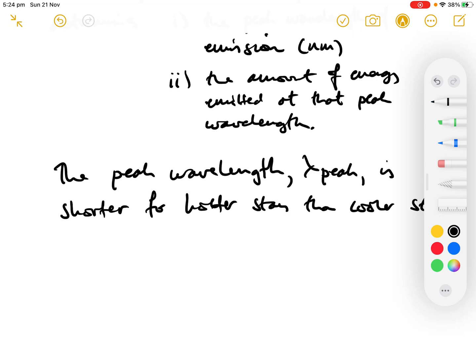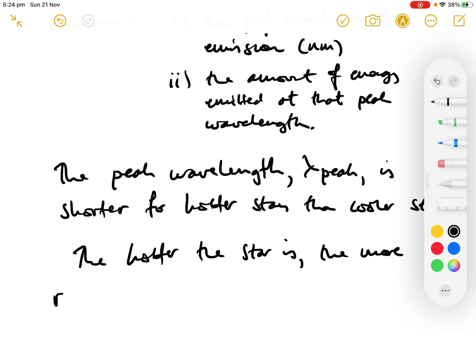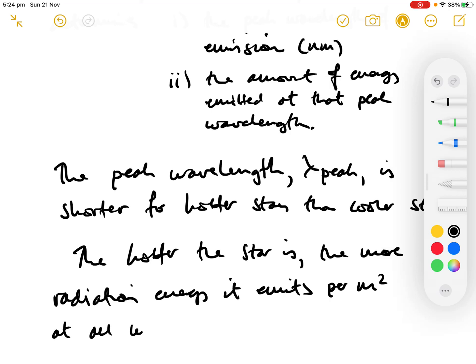And then finally, it turns out that the hotter the star is, the more radiation energy it emits per square meter at all wavelengths compared to a cooler star.